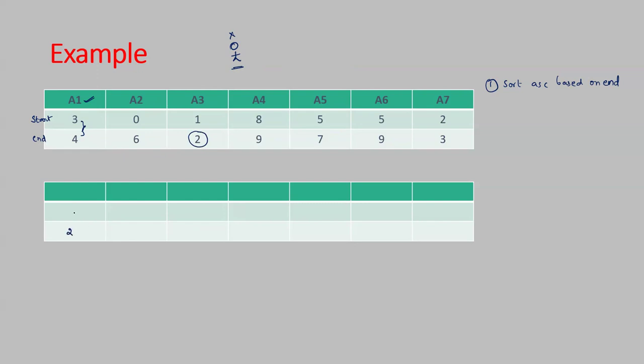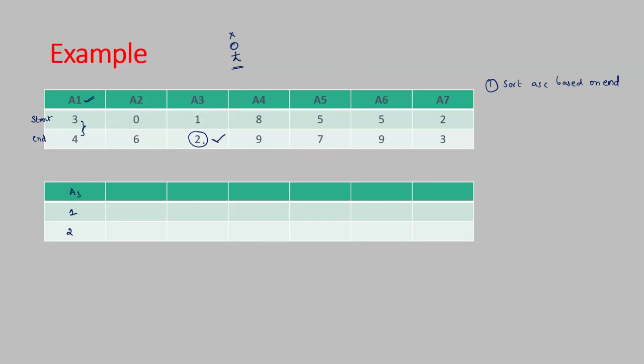What is the starting time? You should not only sort the end times; along with that, the starting times and the activities also need to be sorted according to the end time. So this is the end time, and this activity starts at 1 and the activity name is A3. This one is completed.